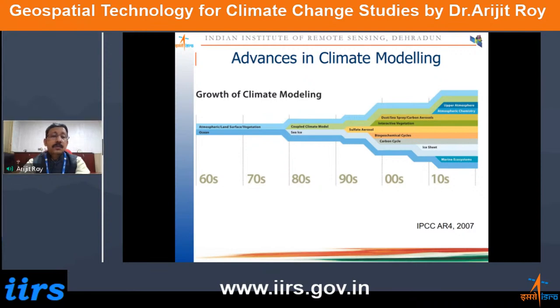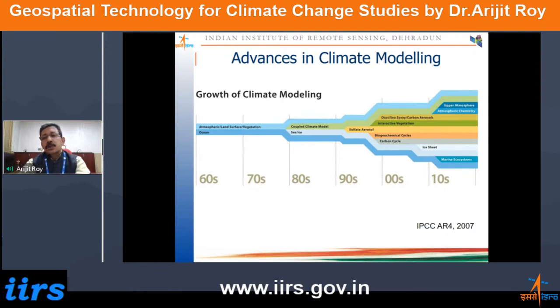Earlier, the climate models were very simple, taking into account the atmosphere, land surface vegetation, and the ocean in the 1960s and 70s. With the advancement in computation capability and the growth of supercomputers, we ventured into coupled climate models and also started integrating other factors like sea ice.